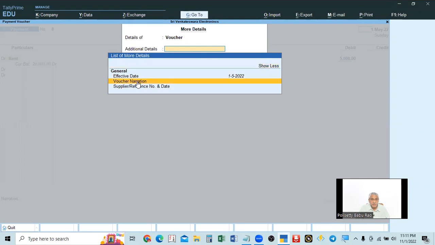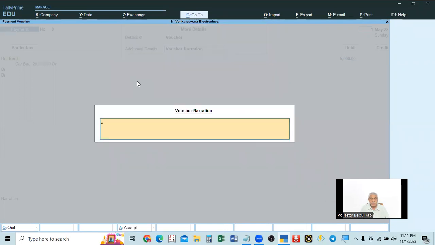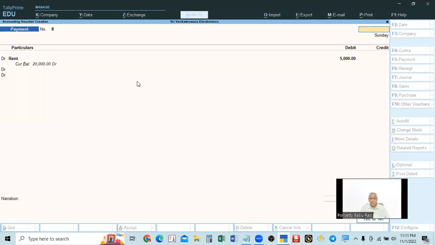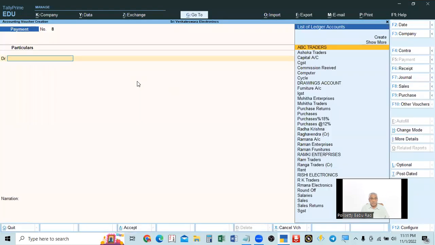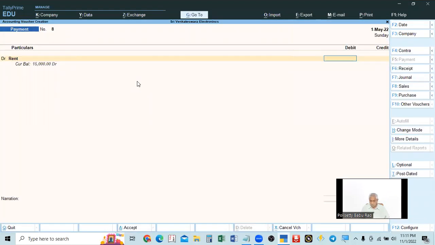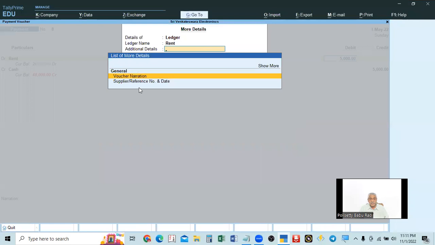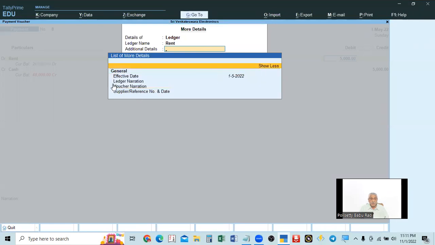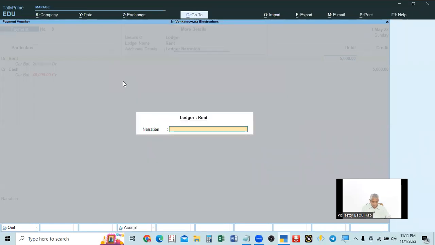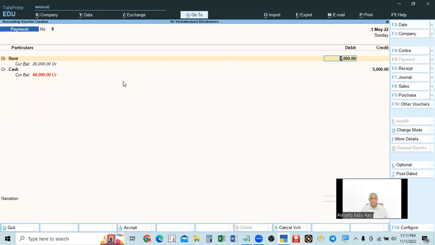So here, ledger narration: being rent paid for April 22. That's all over. Next again debit.